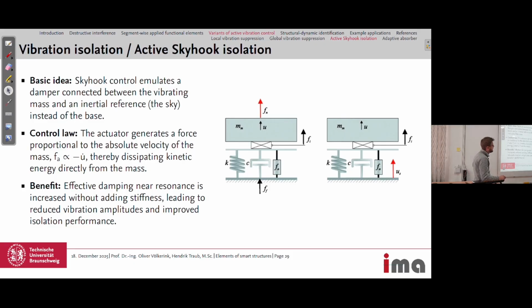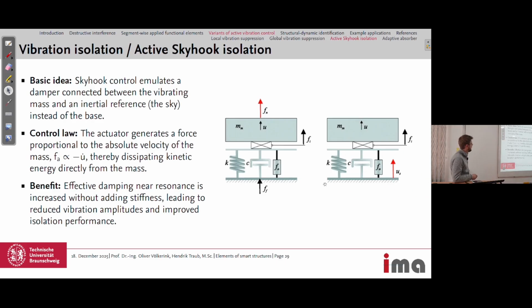And the idea is that we have an adaptive actuator, so not a passive one, but an actuator we could tune, and then we control it not to the surrounding structure or the ground, but we assume that it's connected to the sky as an inertia which does not move, which is not physically possible, but we emulate this behavior by the adaptive damping system.